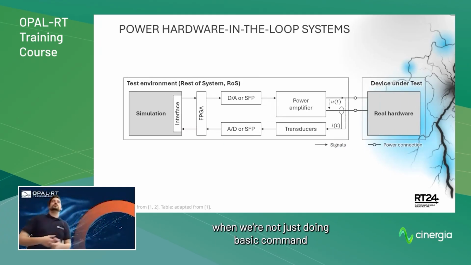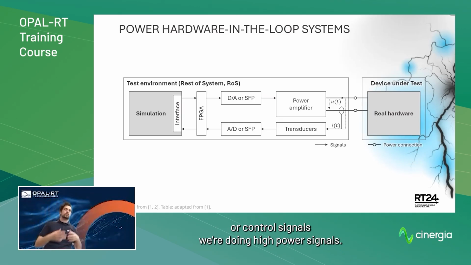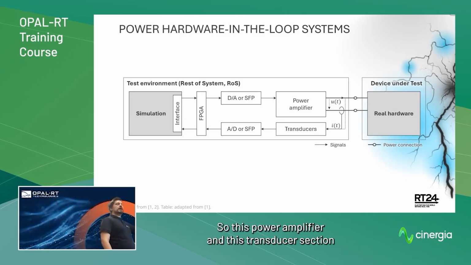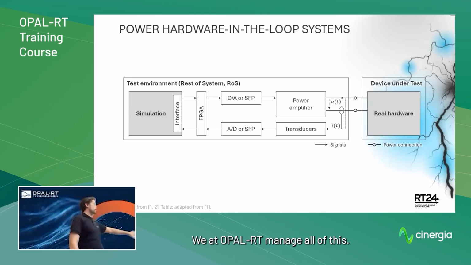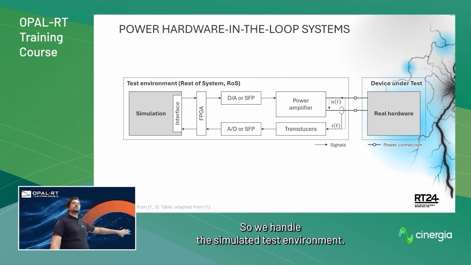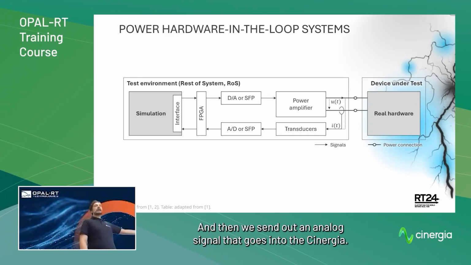PHiL is when we're not just doing basic command or control signals, we're doing high power signals. So this power amplifier and this transducer section is the Cinergia. We at Opal manage all of this. So we handle the simulated test environment, we handle all of that physics, and then we send out an analog signal that goes into the Cinergia.